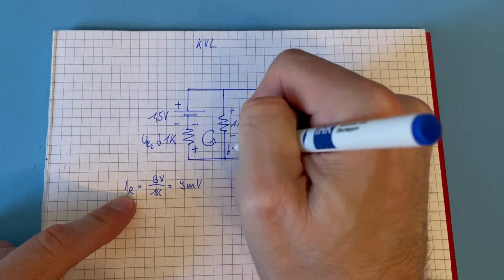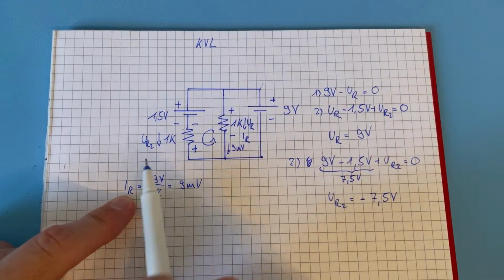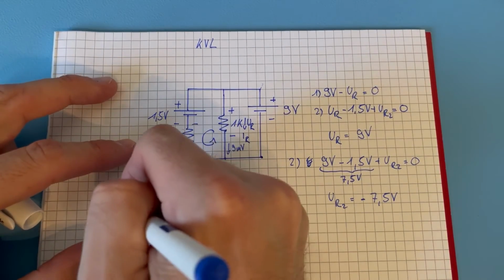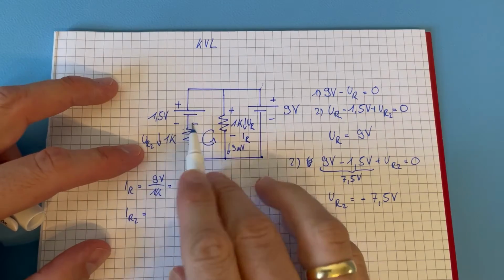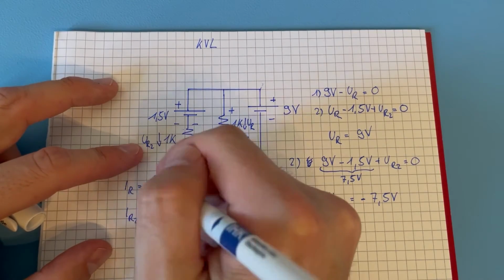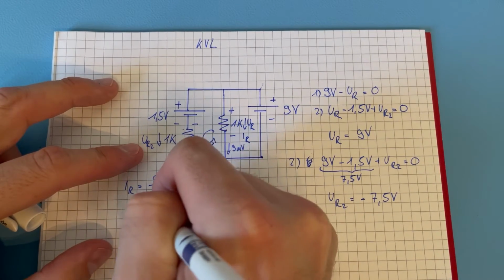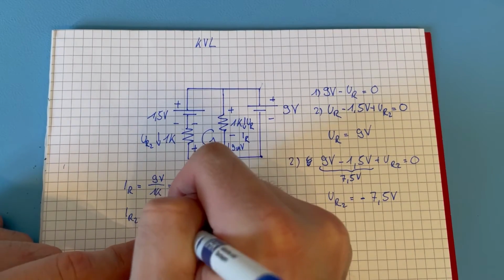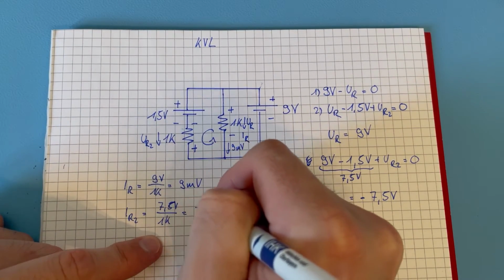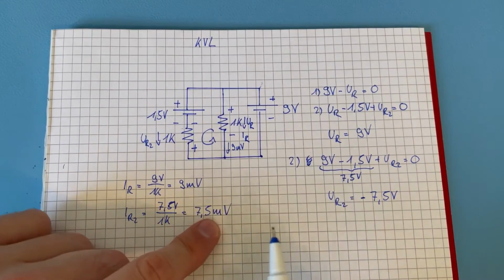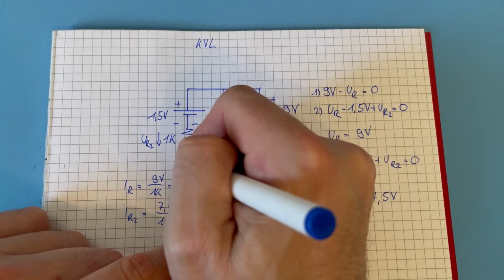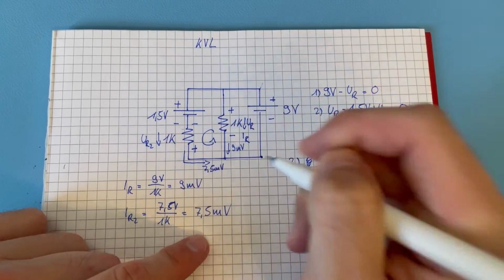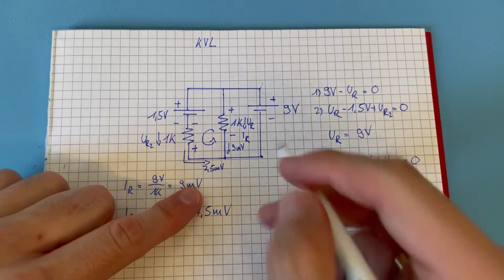Then IR2 is 7.5 volt over also a 1K resistor, that is 7.5 milliamps going this direction. And then they sum up.